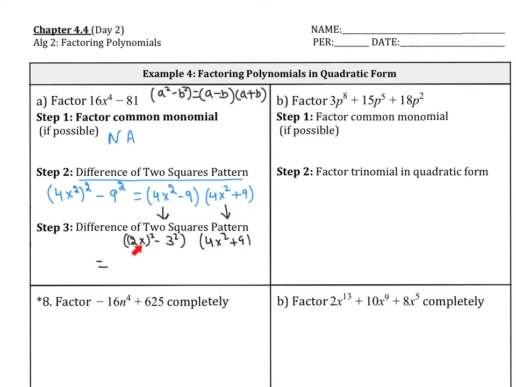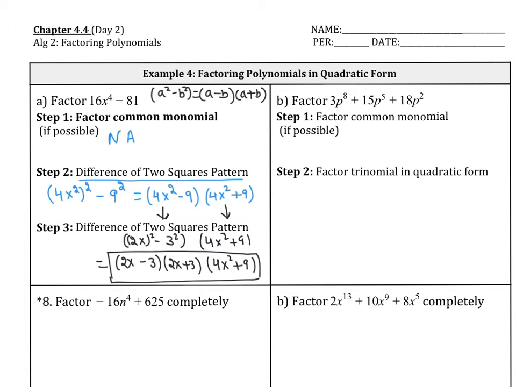So this can be factored as 2x minus 3 times 2x plus 3 times 4x squared plus 9. So this is going to be your complete factorization of 16x to the power 4 minus 81.